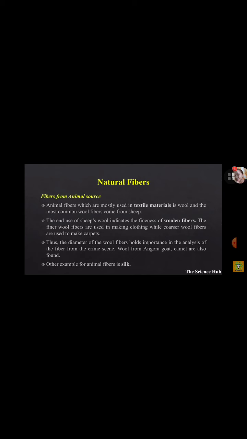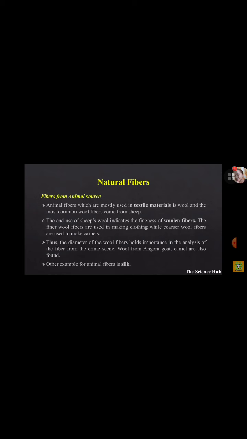The animal fiber most used in textile materials is wool, and the most common wool fibers come from sheep. The end use of sheep's wool indicates the fineness of woolen fibers. The finer wool fibers are used in making clothing, while coarser wool fibers are used to make carpets.